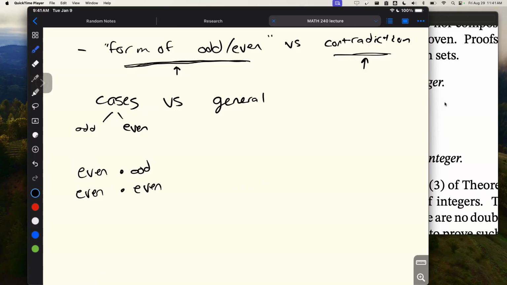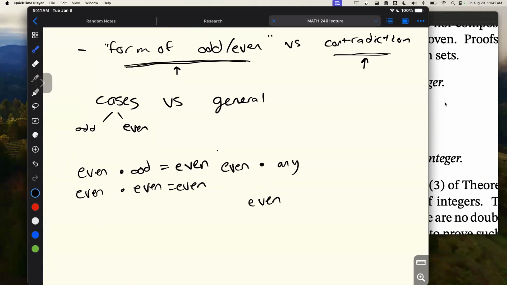And the other group over here did even times any, where they just didn't write it in the form of an even or an odd number, and then found out that it looks even. Whereas in this case, they proved that each one looks even. Again, two different ways to get the same result.